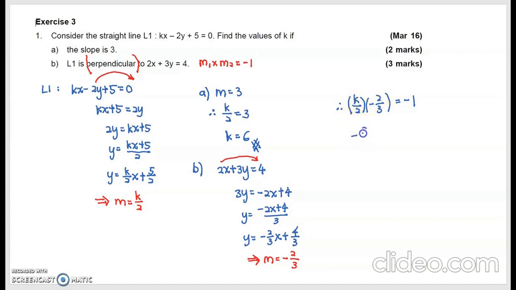So here is negative 2k over 2 times 3, 6, negative 1. So we can cancel out this negative. So it means that 2k will be equals to 6 times 1, 6. K is equals to 6 divided by 2. K is equals to 3. So this is the answer for question B.